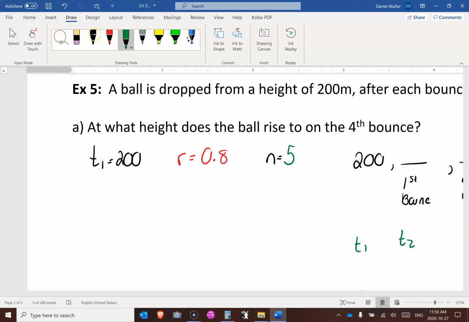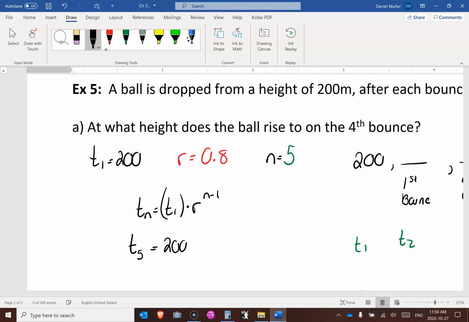Okay, so now I can actually do this. Tn is equal to T1 times r to the n minus 1. So I'm finding T5 here, which is not the fifth bounce, it's actually the fourth bounce.